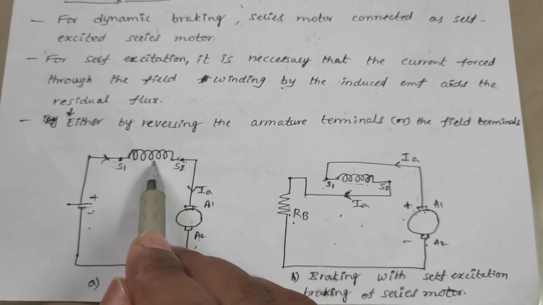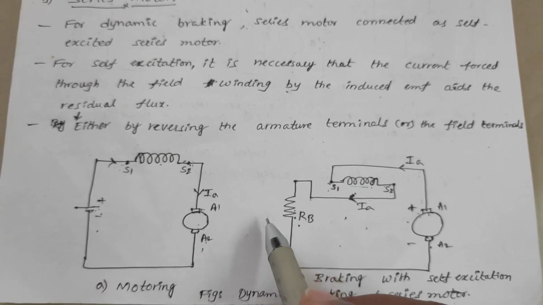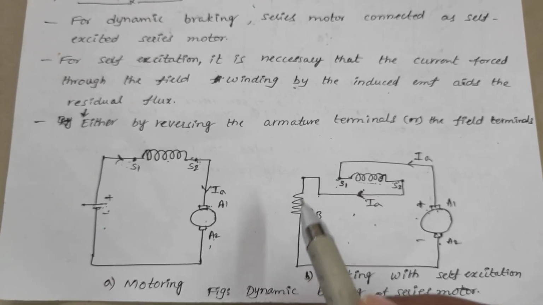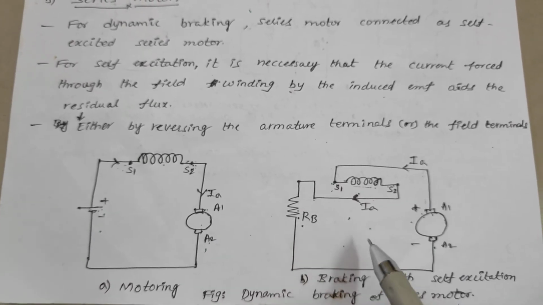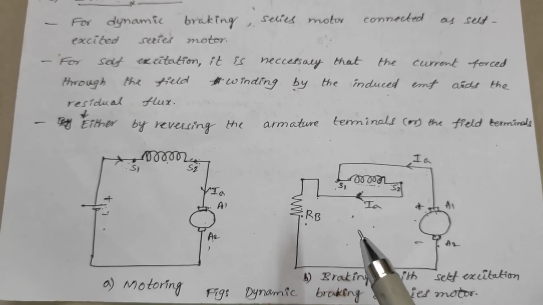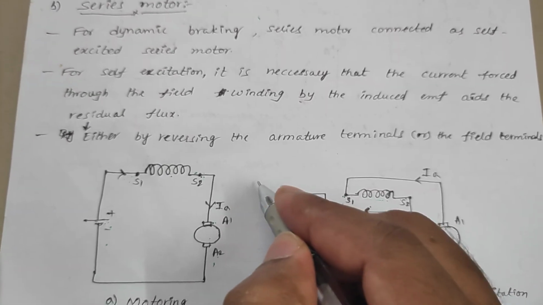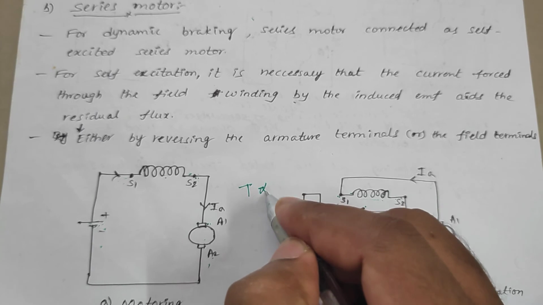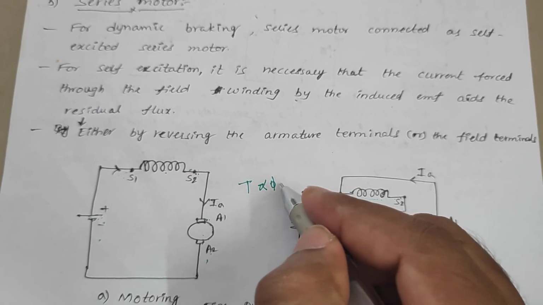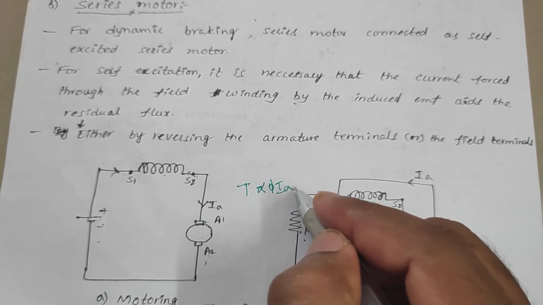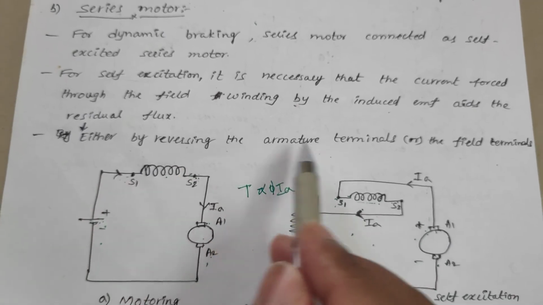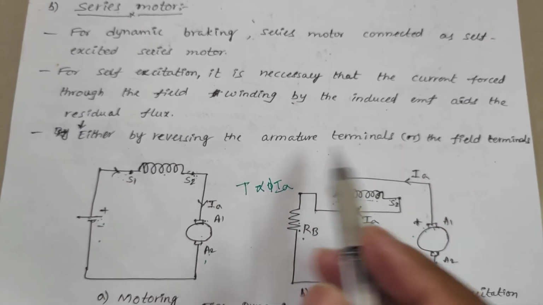In the torque equation, torque T is directly proportional to phi Ia, which means you need to reverse either flux or armature current, but not both. That's what it indicates, either by reversing the armature terminals or field terminals.